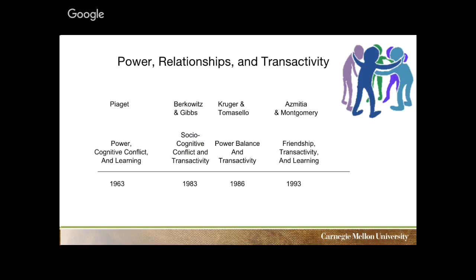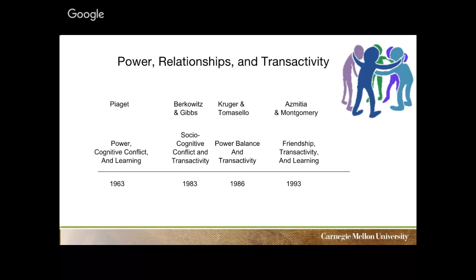It's continued to be developed in the later 1980s, where we saw this idea of power balance on a social level within groups and how much of this socio-cognitive conflict we saw evidence of. And then later in other studies there was an investigation of people who were friends versus people who were acquaintances.